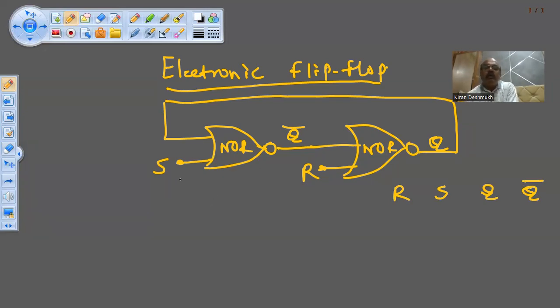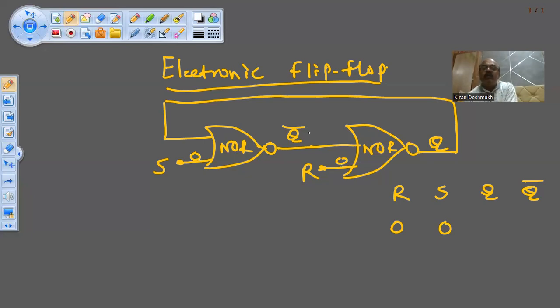Now, when both the inputs are 0, R is 0 and S is 0, what will be Q and what will be Q bar? Now this input is 0, this input is 0. Whether Q will be 0 or 1 depends upon whether this Q bar is 0 or 1.